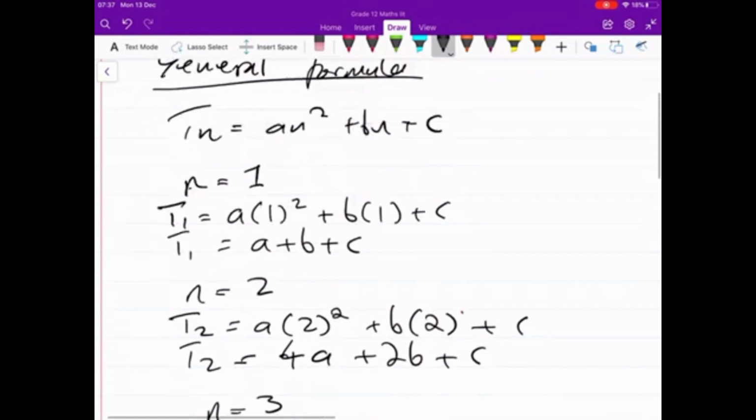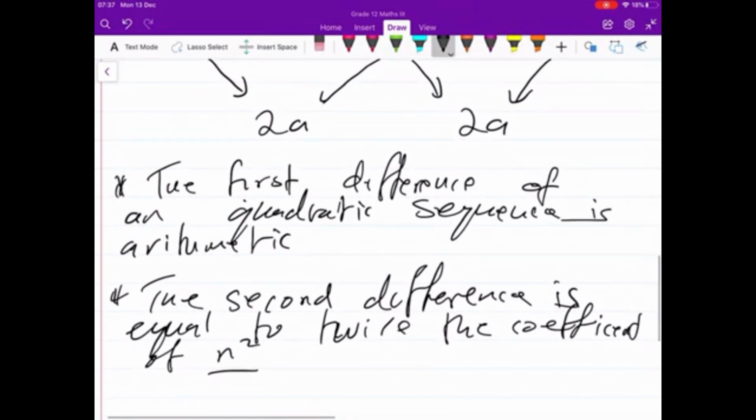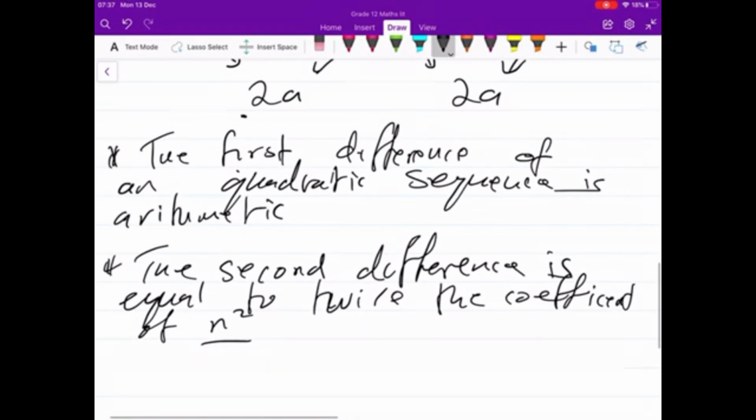So it is equal to twice a. If you want to find a, of course they'll always give you a value here, and then you divide both sides by 2, but we will demonstrate that.